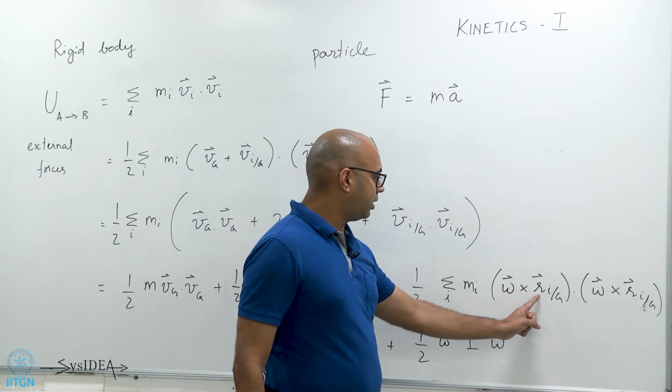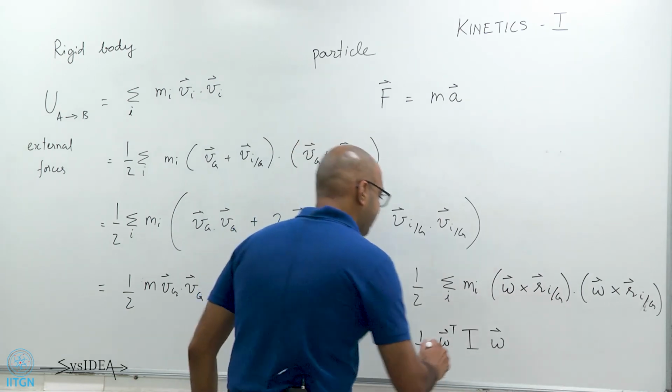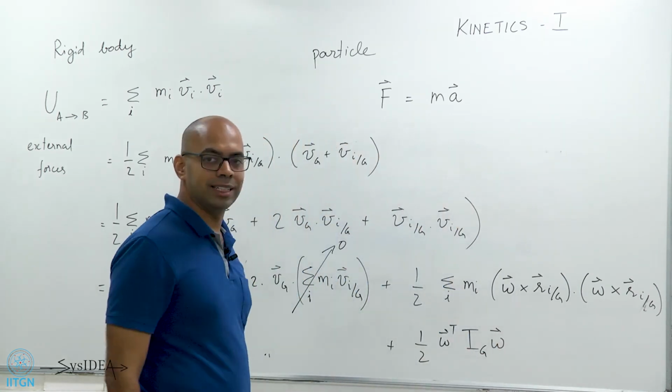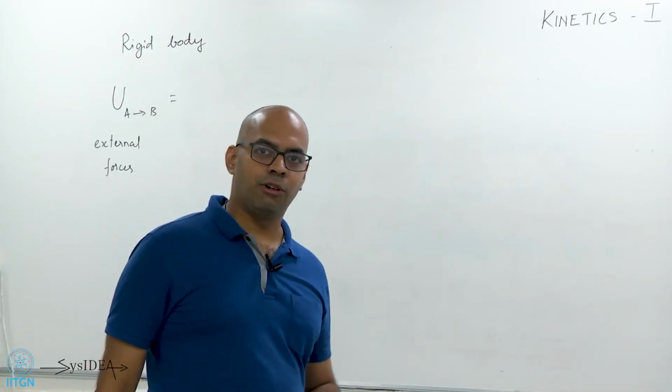And notice here that these are all position vectors relative to center of gravity. So, it is really moment of inertia about its center of gravity. So, let me write the whole thing again.